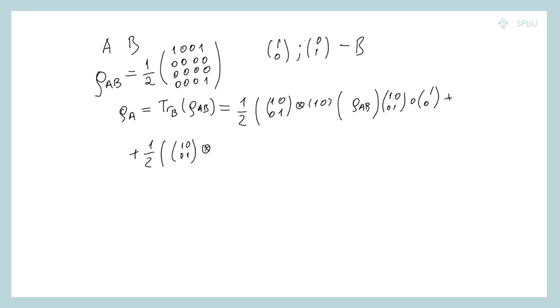multiplied by the vector (0, 1), multiplied by the density matrix rho AB, and again the tensor product of the identity matrix and the second basis vector of subsystem B, (0, 1).